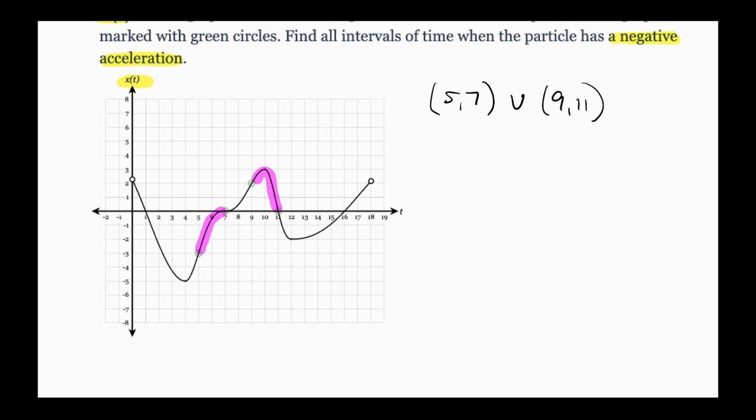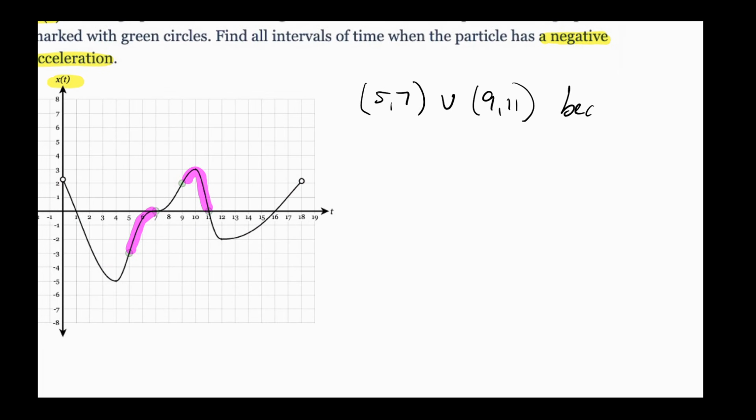And what is acceleration? Acceleration is the second derivative. That's where the second derivative is negative. Okay? Because x double prime is less than 0.